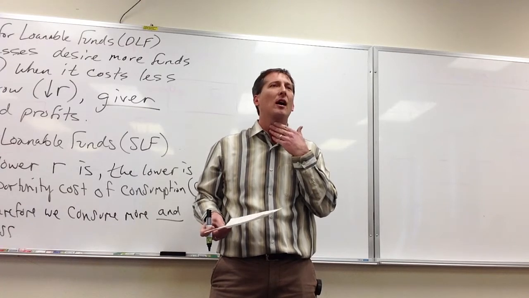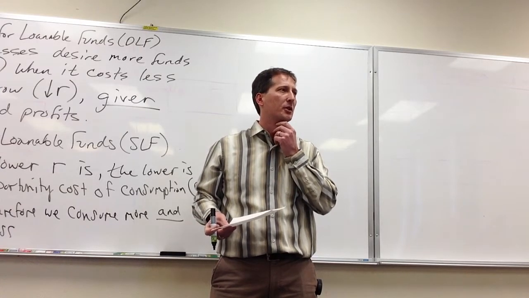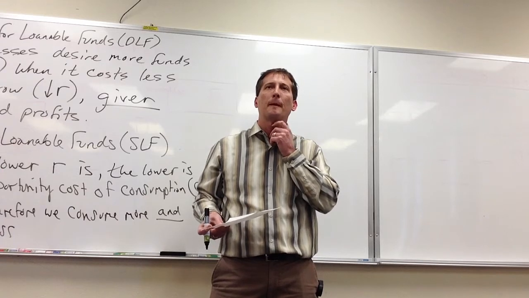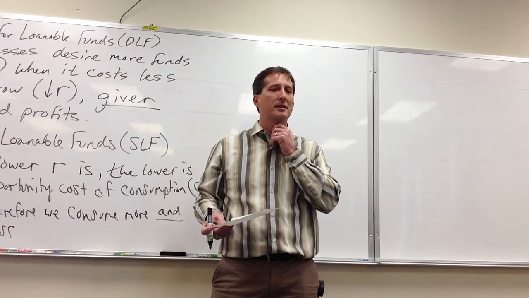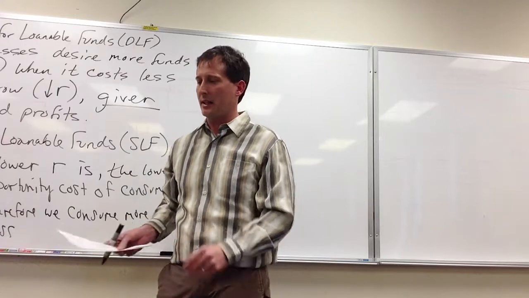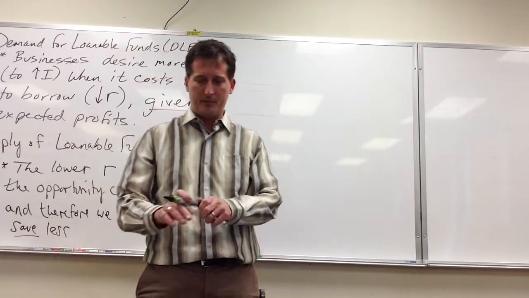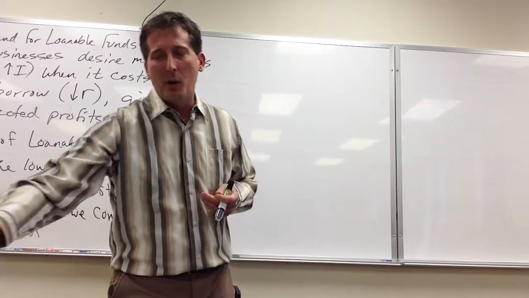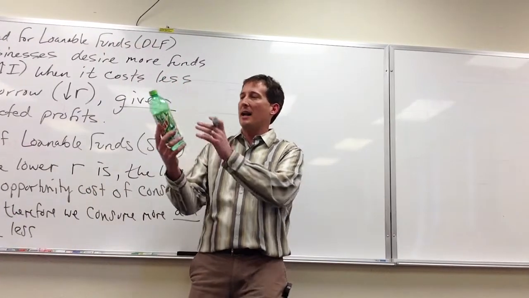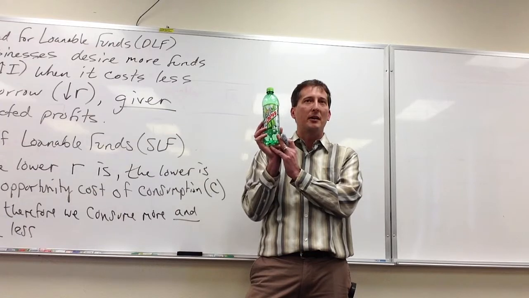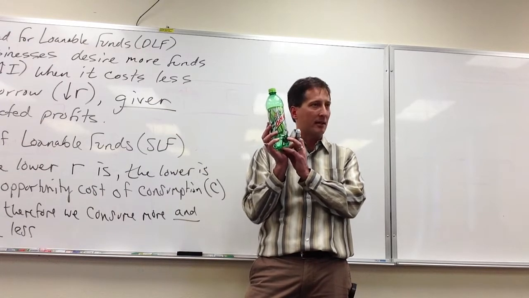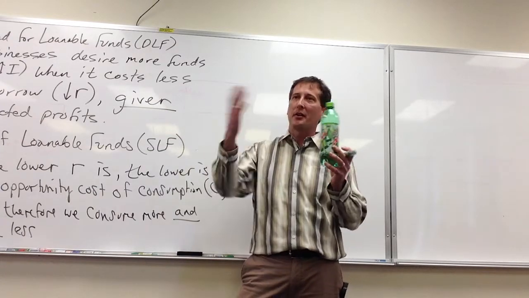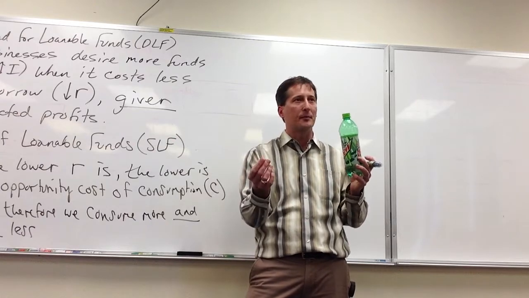What is the cost of consumption? The opportunity cost of consumption. Money you could have saved, right? So we could characterize that my opportunity cost of doing this Mountain Dew is that I couldn't have a Diet Pepsi, right? So my next best alternative was another form of consumption.